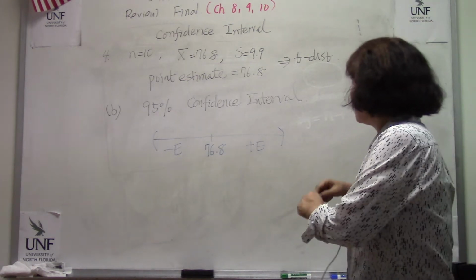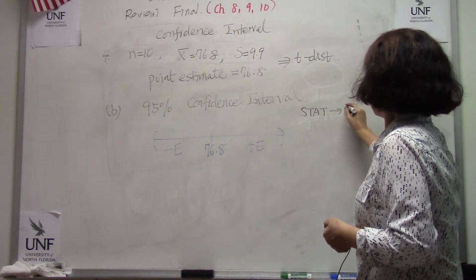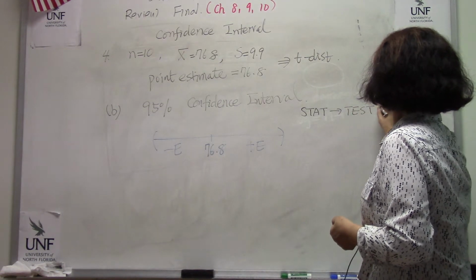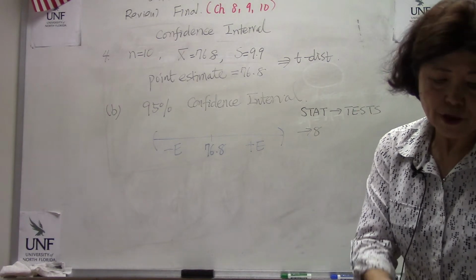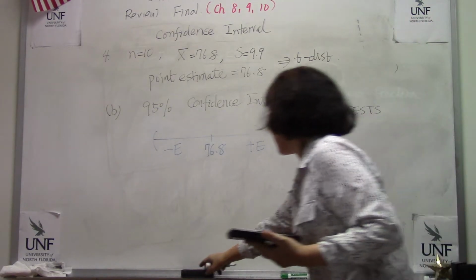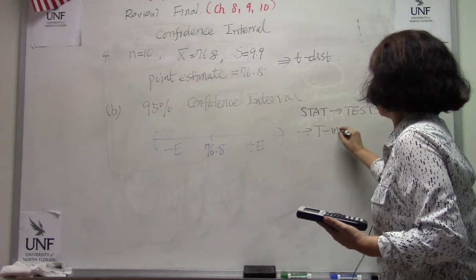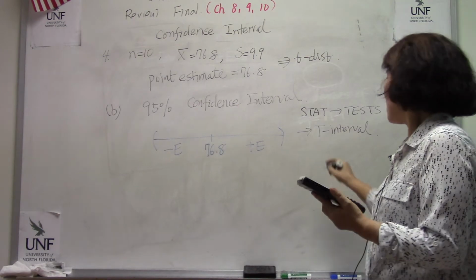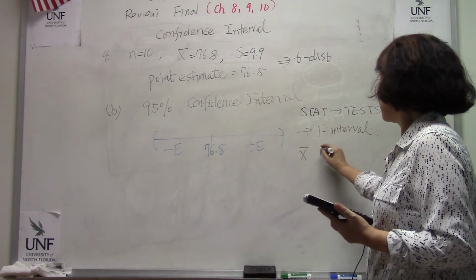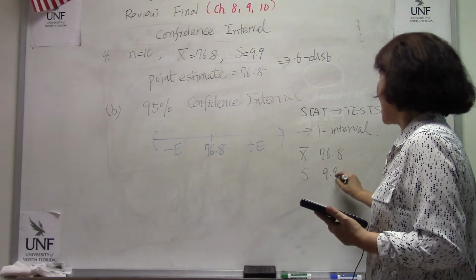So you are going to do stat, and then go to test, and then go to number 8. Okay, number 8, t interval. Whatever the number is, t interval. And then you enter that x bar is 76.8, the s is 9.9.